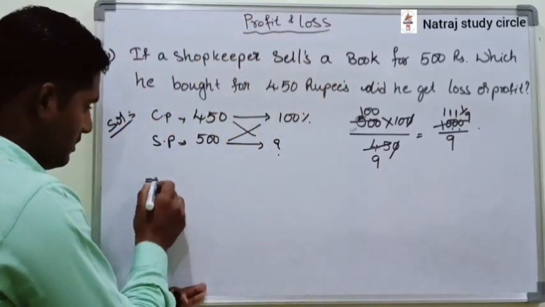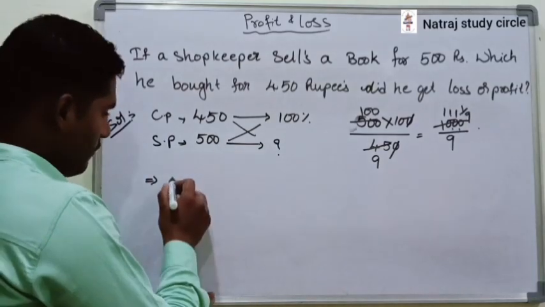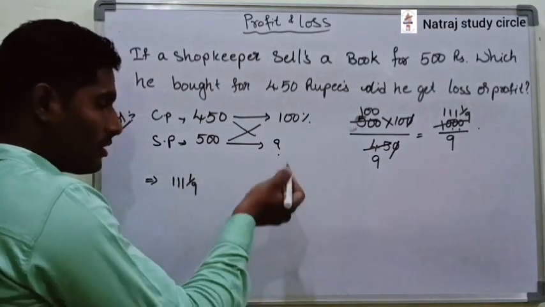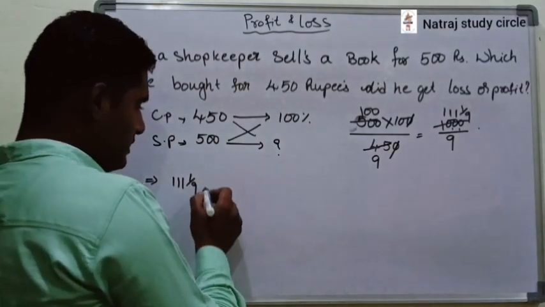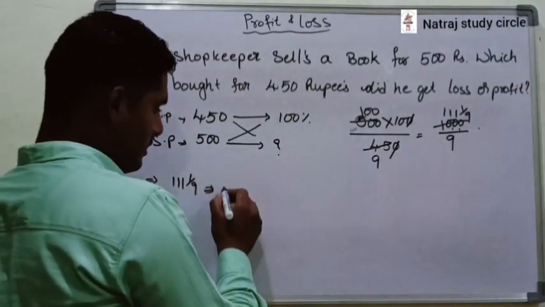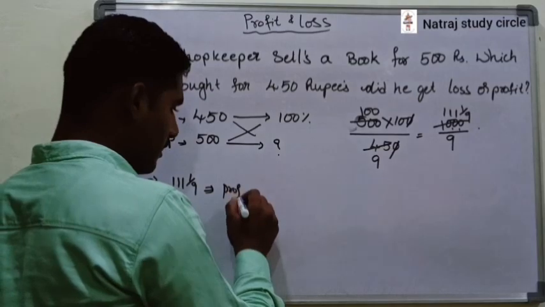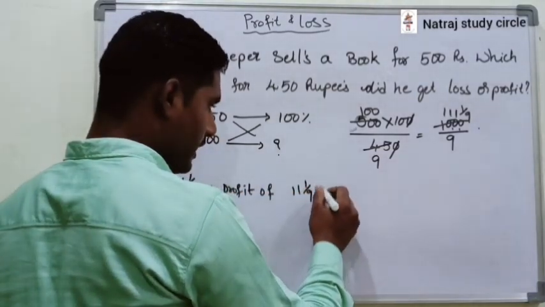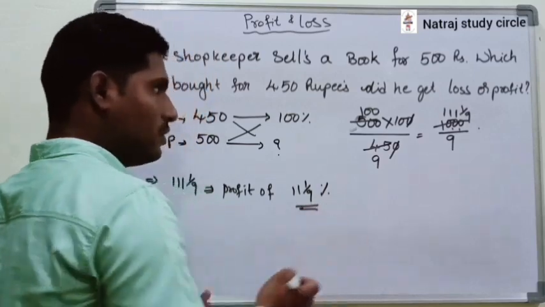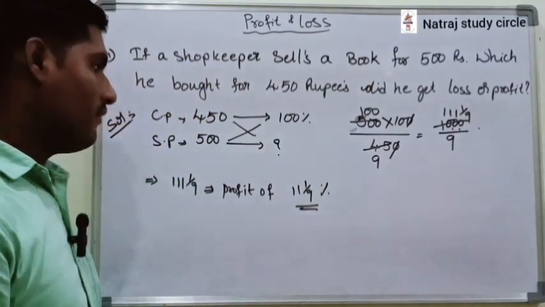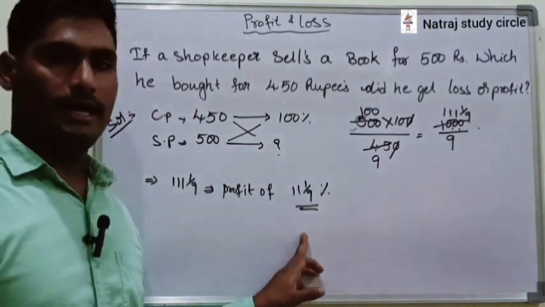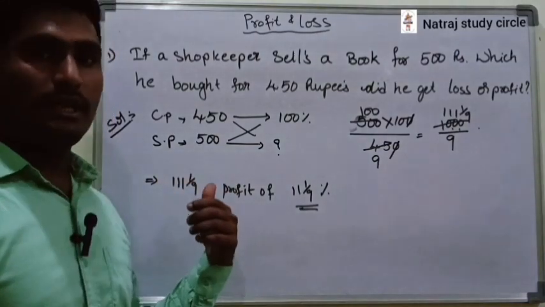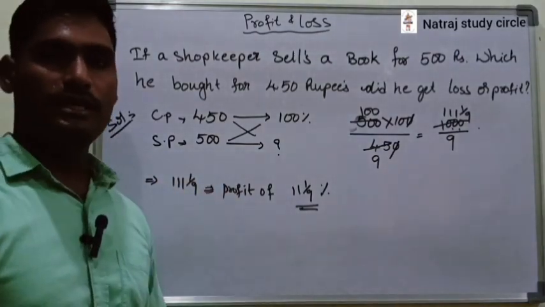Since this is more than 100, it is a profit of 11 1 by 9%. So finally he got a profit of 11 1 by 9%. This is the first question, now let's go to the second question.